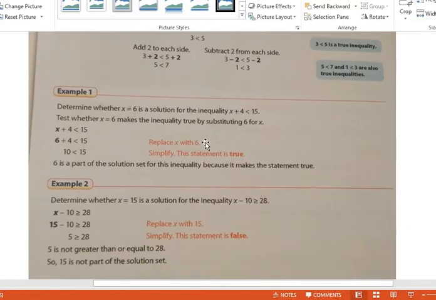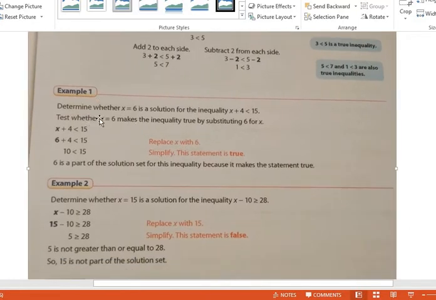Example 1. Determine whether x equals 6 is a solution for the inequality x plus 4 less than 15. How? By substituting 6 for x. 6 plus 4 equals 10. So 10 less than 15 is a true inequality.